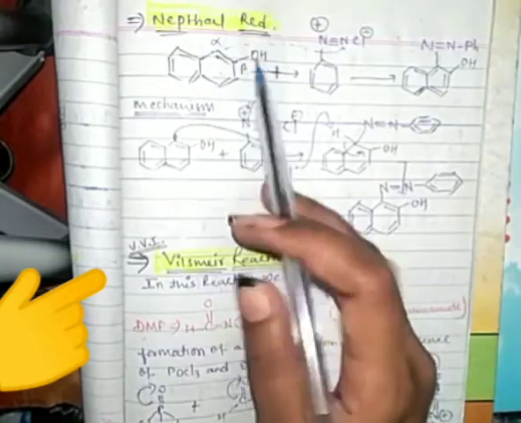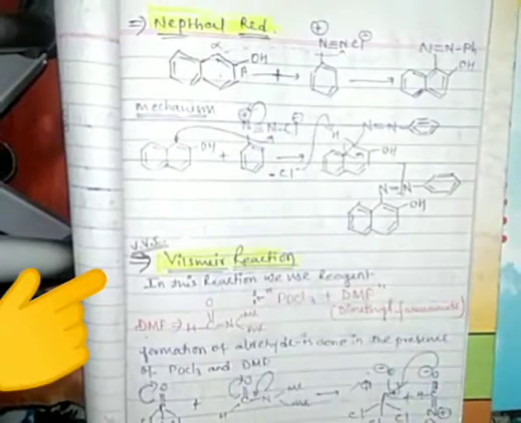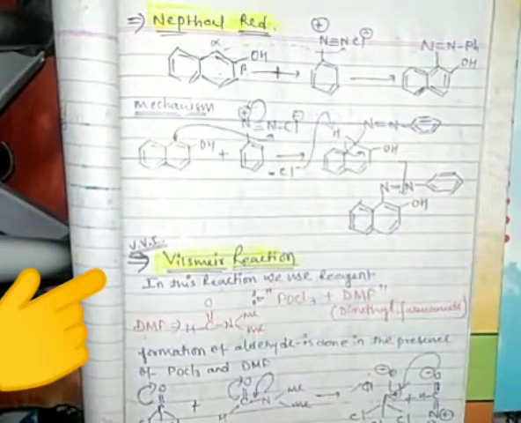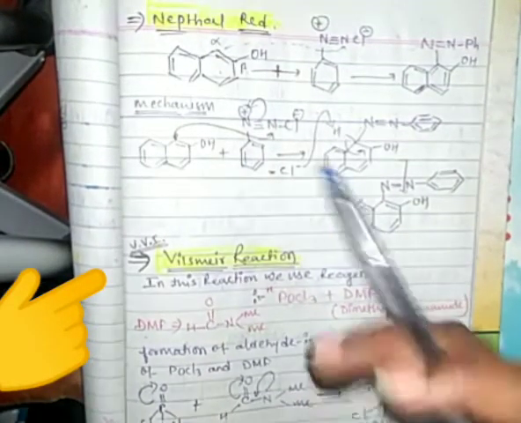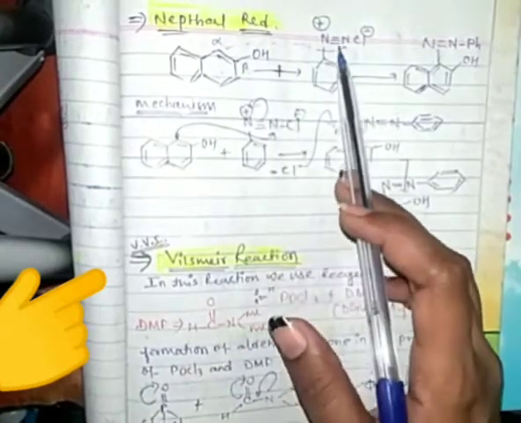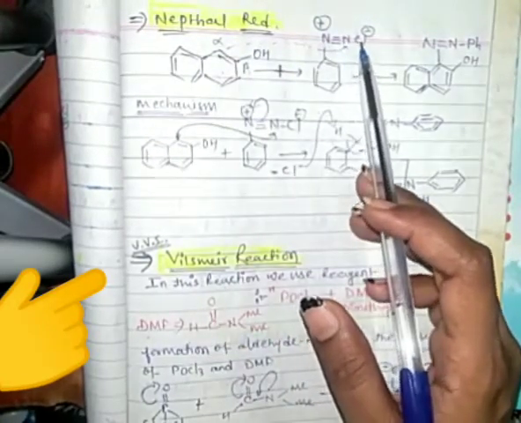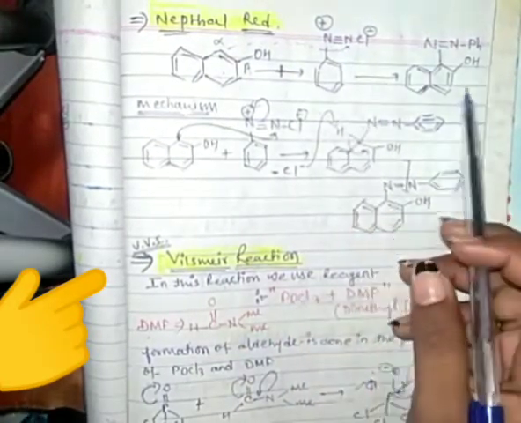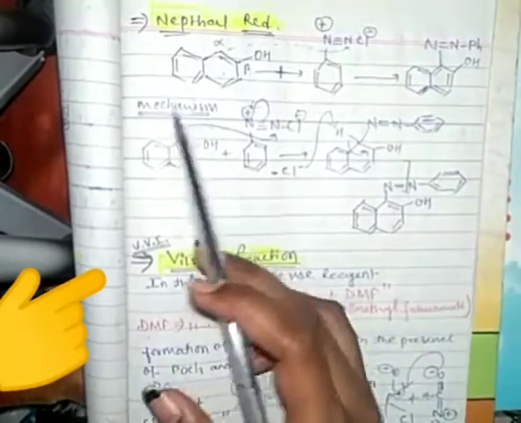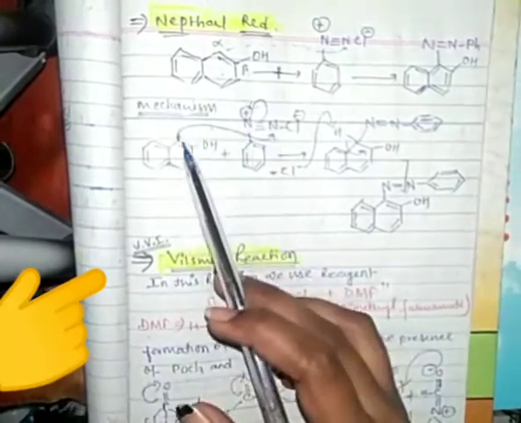Next we see naphthol red preparation. In this, naphthol is reacted with benzene diazonium chloride, and we get naphthol red. And there is a mechanism.